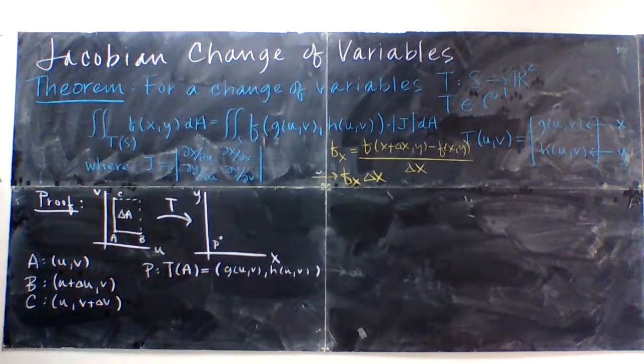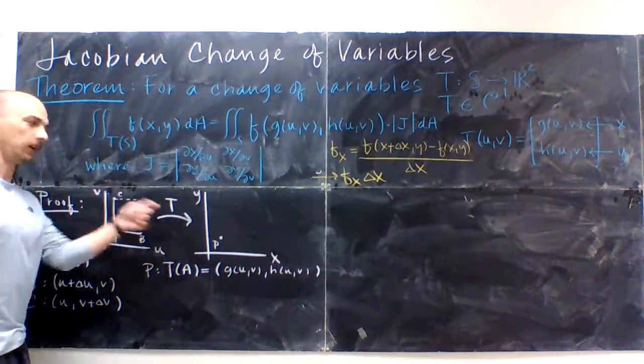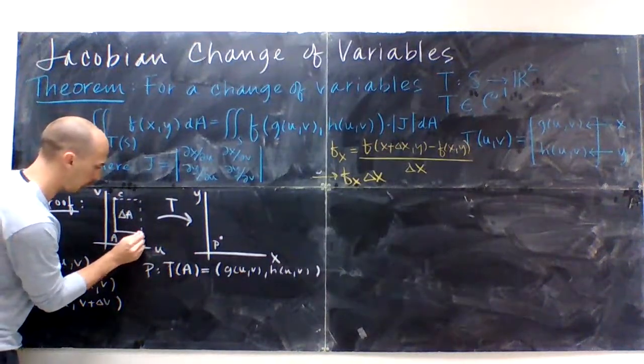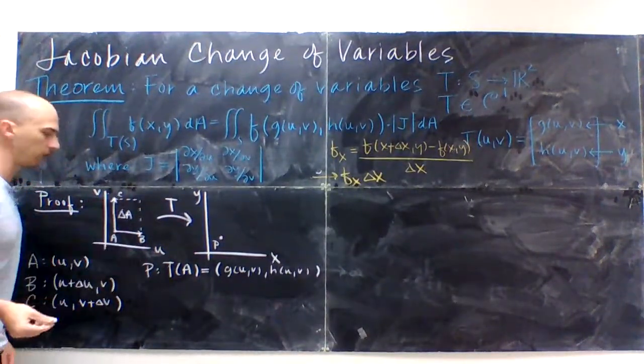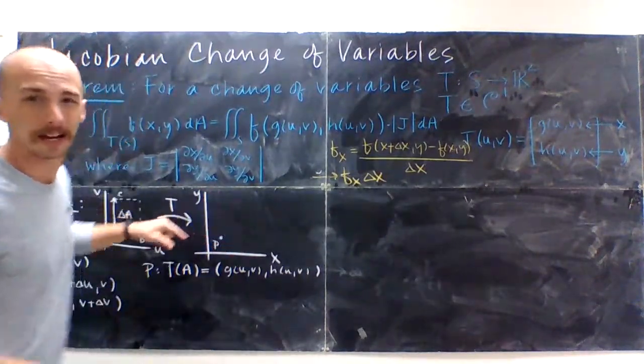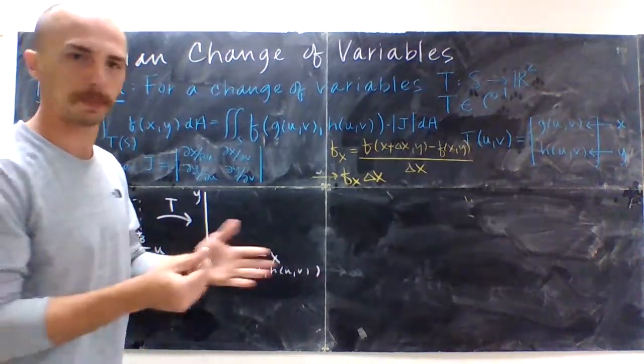What I'm going to be interested in is the image of B and C under T. What's going to happen to those? Because I'm going to have basically these two vectors. I'm mainly interested in the image of the vector AB and the vector AC. What's that going to look like? Then I can use those vectors to find the area of the parallelogram spanned by them.